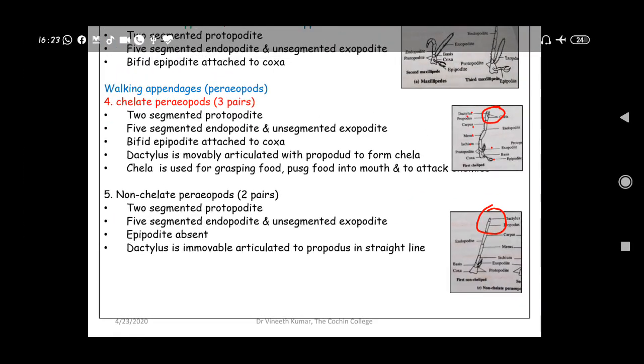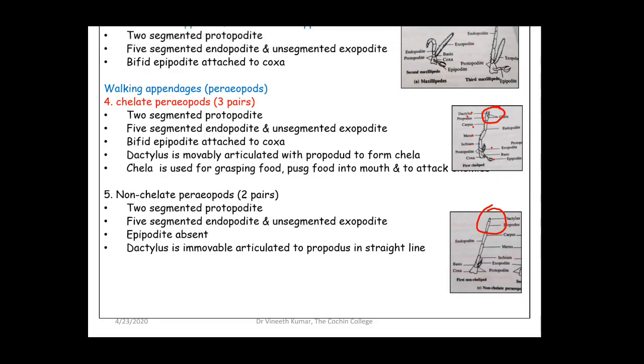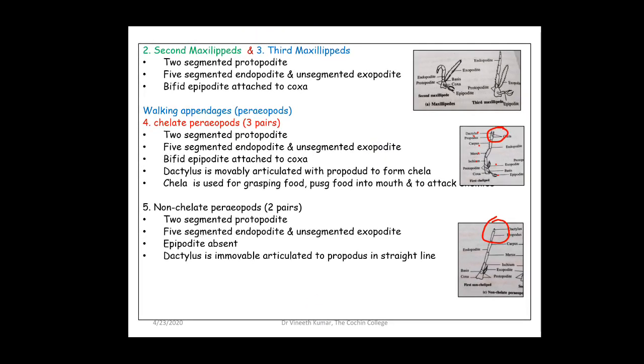That is why they are called non-chelate legs. Here the dactylus is immovably articulated to the propodus in a straight line. In the chelate leg, the other one is movable, making it a pincer that is used to grasp food particles, attack enemies, etc. So that's with the thoracic appendages.